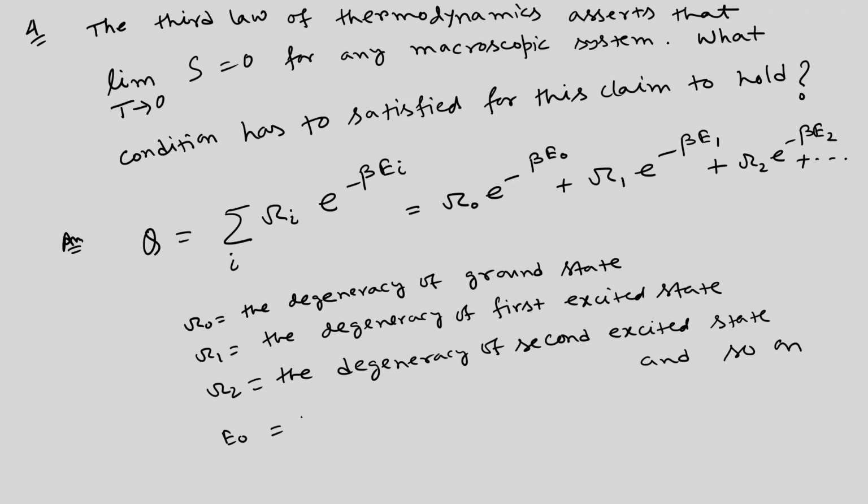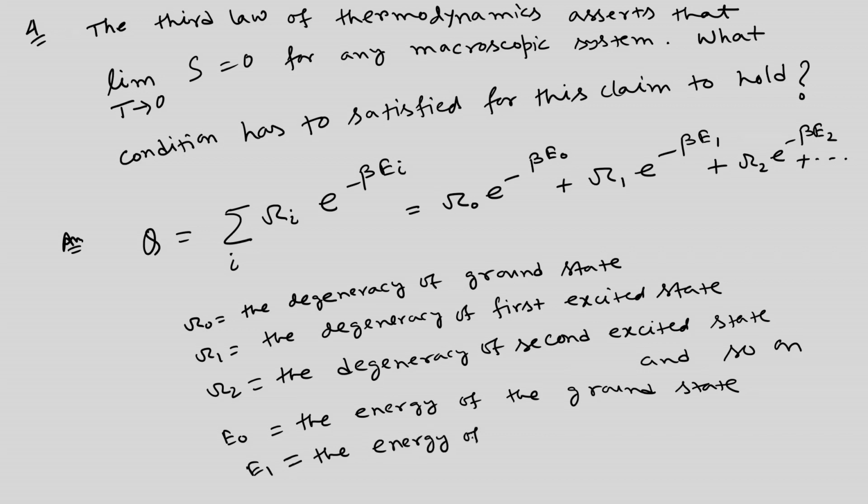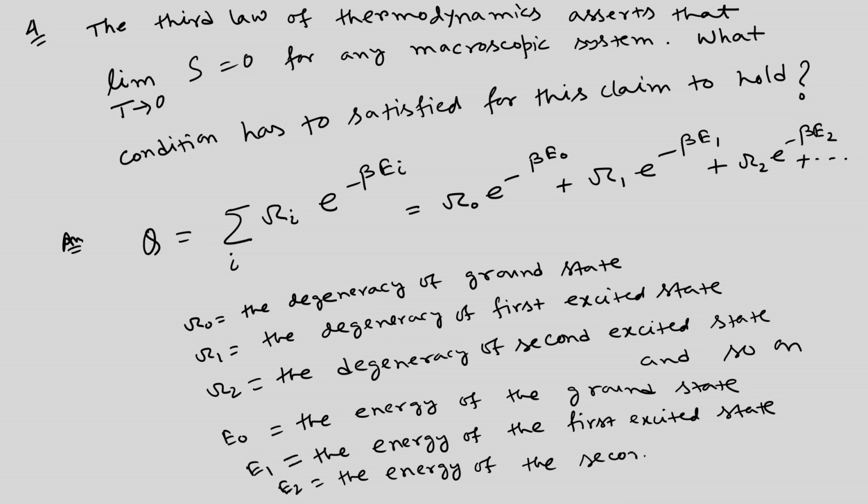Similarly, E0 is the energy of the ground state, E1 is the energy of the first excited state, E2 is the energy of the second excited state, and so on.